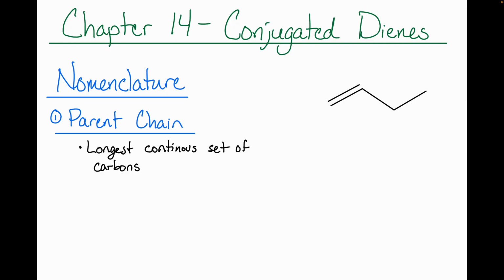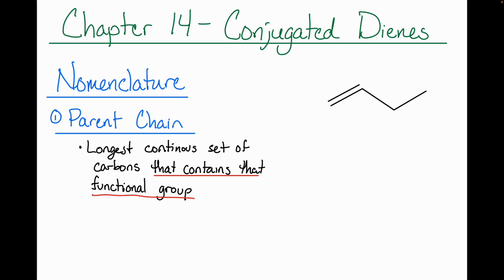Now that we have a functional group, that carbon-carbon double bond in our molecule, we're looking for the longest continuous set of carbons that contains that functional group. Important caveat to add there: whenever we have a functional group in our molecule, our parent chain must contain that functional group.